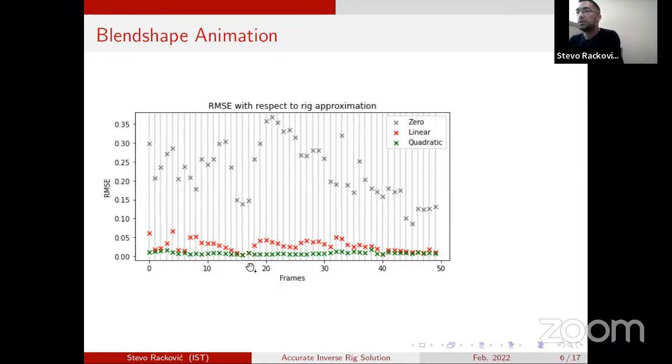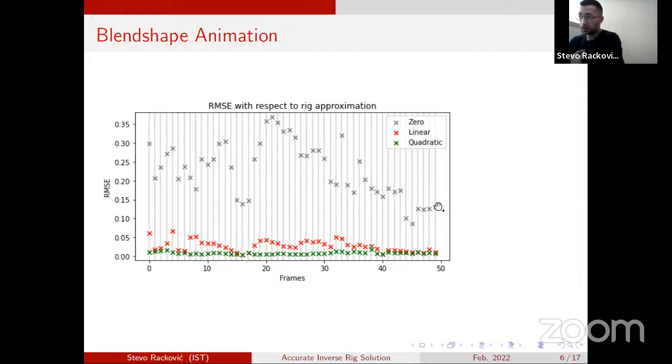So what we see in this picture is if we use the linear blend shape approximation, we take the animation data that we have and plug in the weights using the approximation with linear blend shape function, and these are the red dots. And then just for the sake of clarity, this is if we have a zero weight vector all the time.